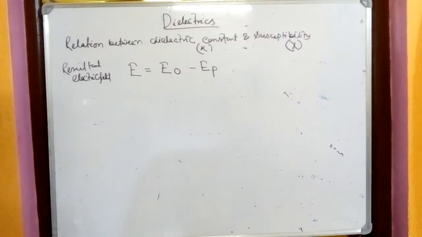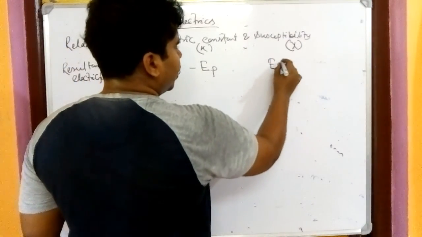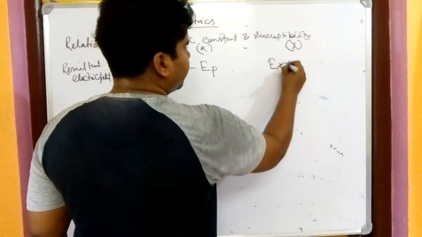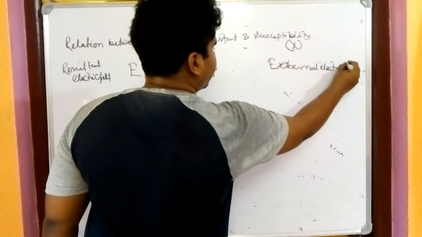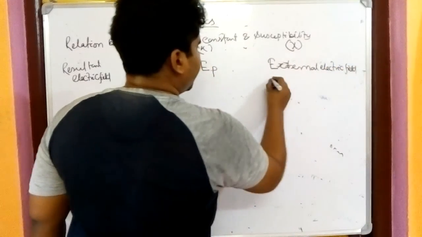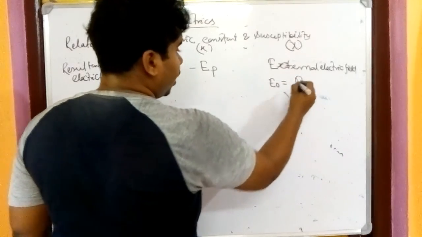So E0, the external electric field, is equal to sigma by epsilon naught.